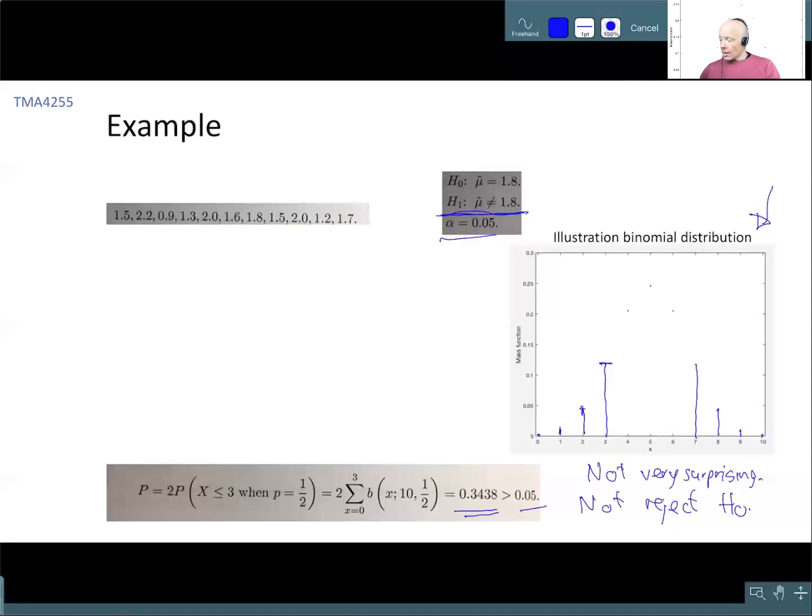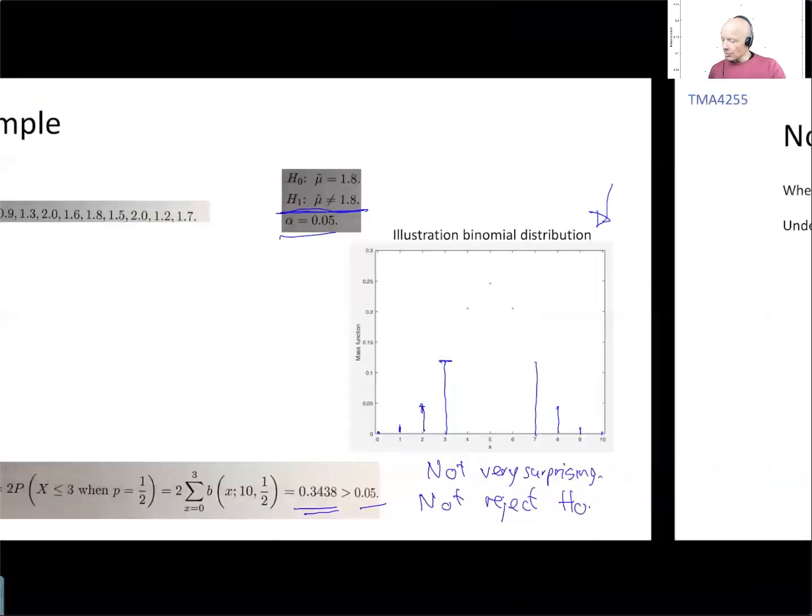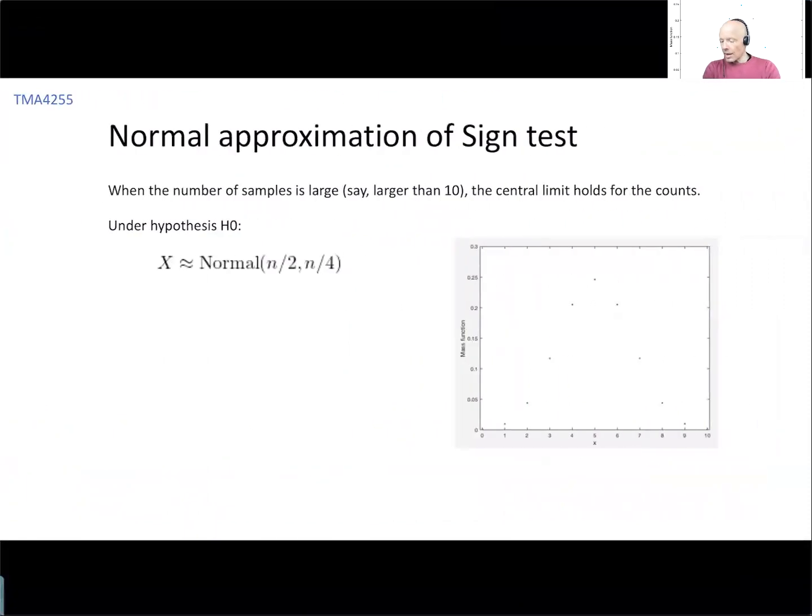So there are also other ways of doing this. If you do not want to do binomial computations, there is a normal approximation to the sign test. And this holds very accurately because the binomial is in this case quite close to a normal distribution.